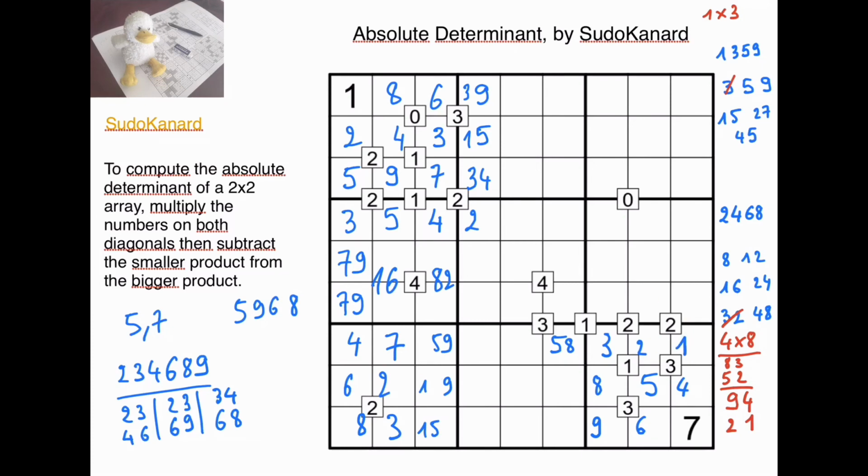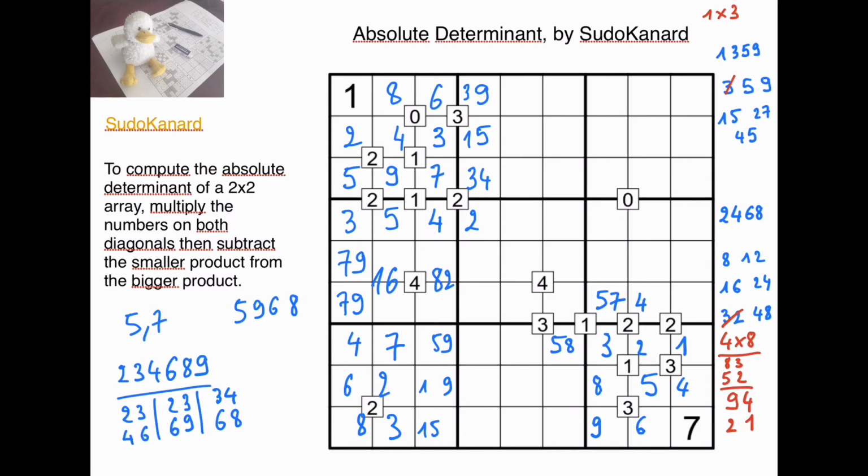This is 4 or 8. But now here, 3 multiplied by 8 makes 24. No digit here will be big enough. So that must be a 4. That's 12. So this must be 10 or 14. So this is 5 or 7.